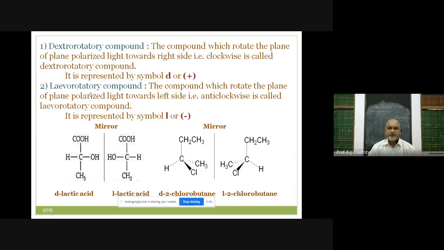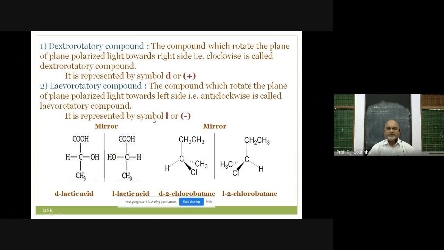The next rotation is levorotatory. The compound which rotates the plane of plane polarized light towards the anti-clockwise, that is left-hand side, is called levorotatory, against the rotation of the arms of a clock.